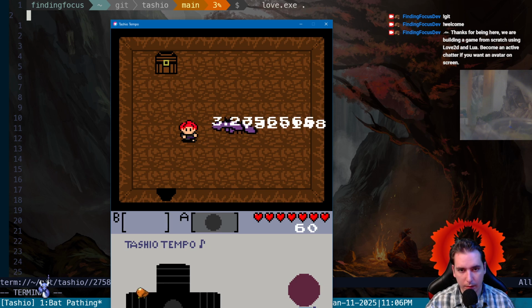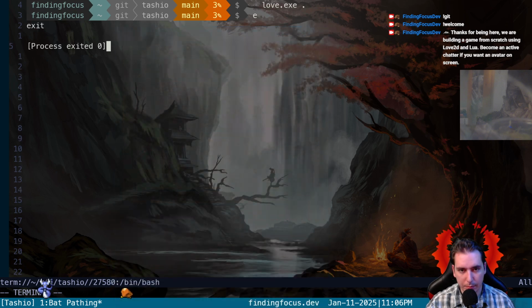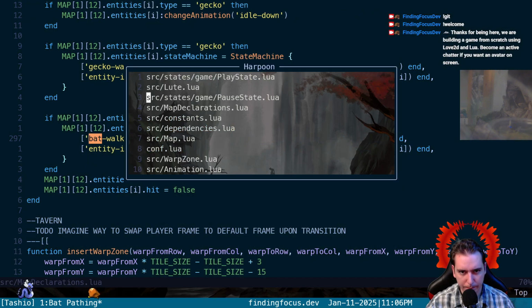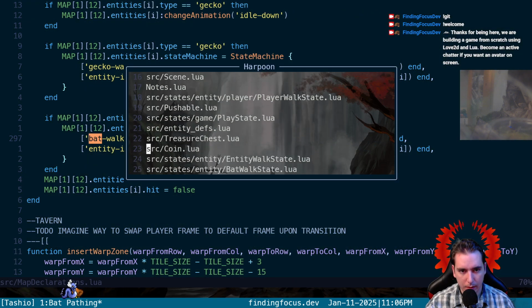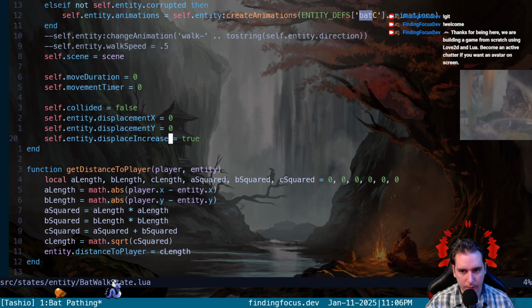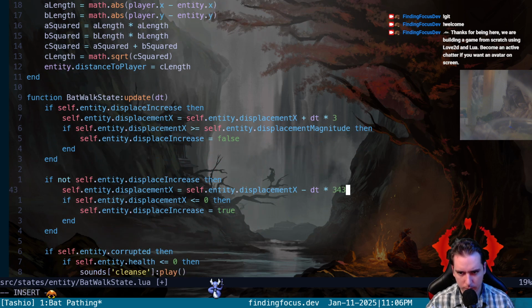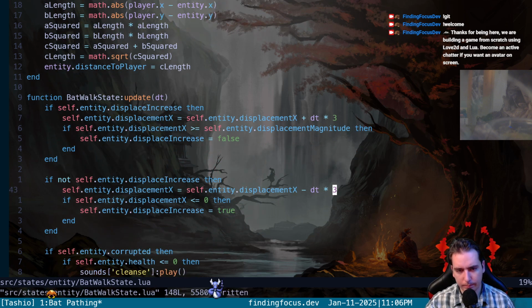I feel like we want to speed up the displacement magnitude maybe to ×3 delta time. And then we want to actually change our bat's position based on this displacement x.